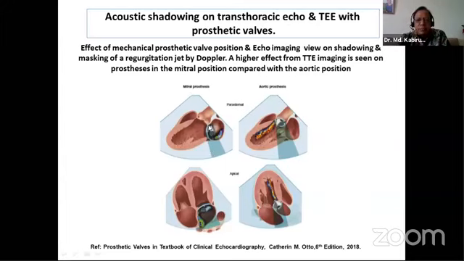This is the prosthetic valve with reverberation like this. This is the mitral valve, this is the aortic valve. But you can overcome it by using different off-axis or different view windows according to your situation.